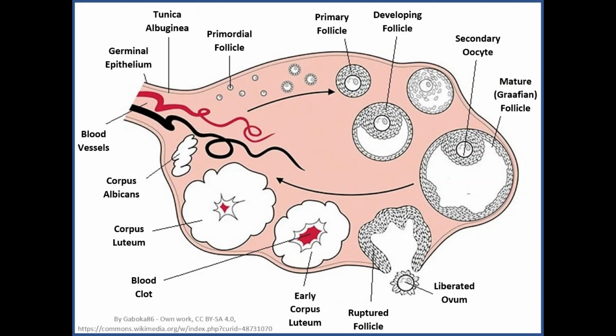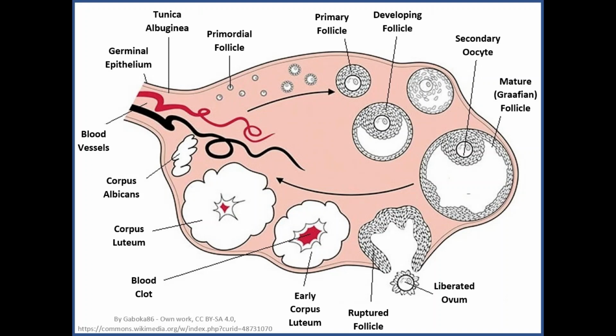then and only then will these primordial follicles in the ovary grow into primary follicles, stimulated by the hormone FSH secreted by the pituitary gland, found at the anterior lobe at the base of the brain. So oogenesis resumes at puberty, where the primordial follicle grows into the primary follicle under the influence of FSH.